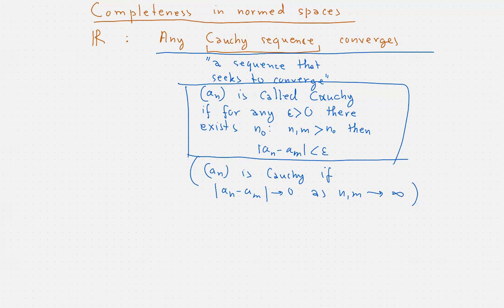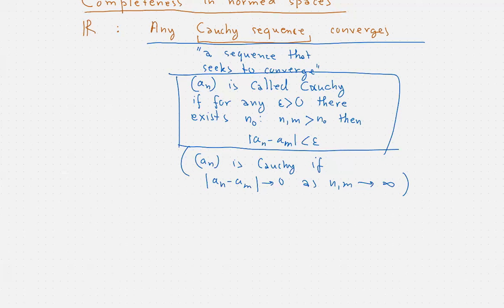And in order to understand the significance of this, it would be a good idea to understand that this statement would not hold over the rational numbers. So over the rational numbers, this statement would not be true.